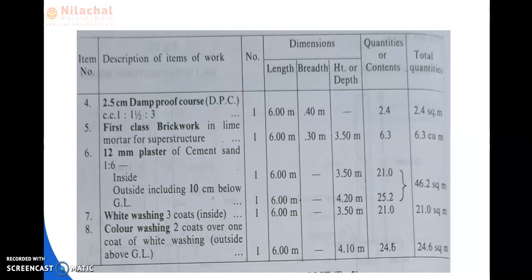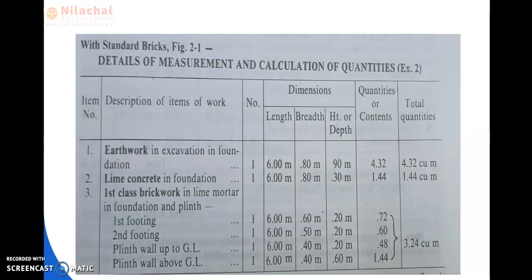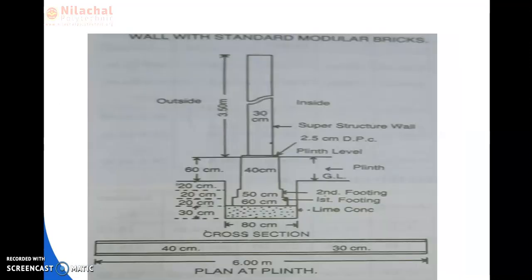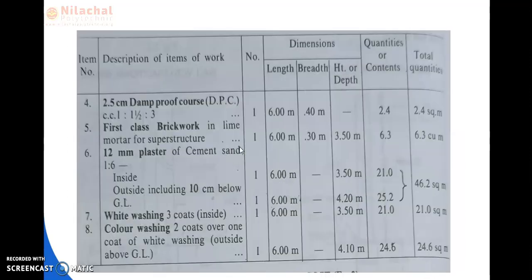The inner side is 1 number, because the wall provided is a single wall, so the inner side contains 1 number and the outer side contains 1 number. Here we can consider this one as the inner side and this one as the outer side. So first of all, in the calculation part, we consider the inner side, 1 number.